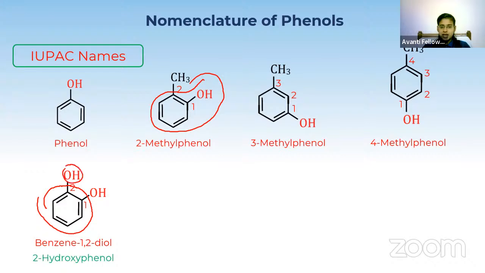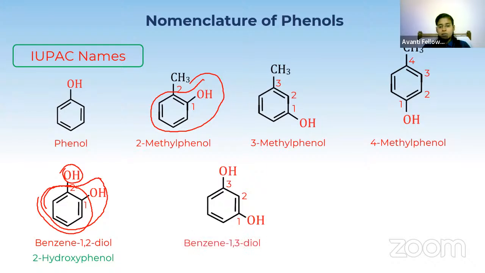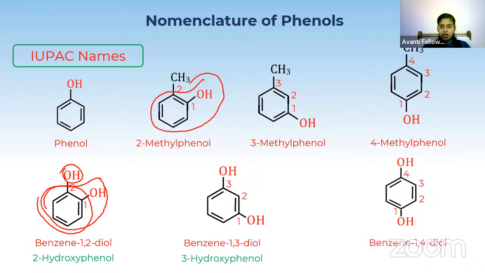One of the OH is taken as hydroxy and the other one is taken as the phenol. 2-hydroxyphenol. And this one is benzene 1,3 diol or 3-hydroxyphenol. The last one is benzene 1,4 diol or 4-hydroxyphenol. Both of them are correct only. But the more appropriate answer is the one which is given in the red color. Okay? Clear for all of you?